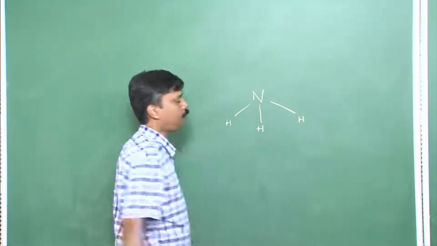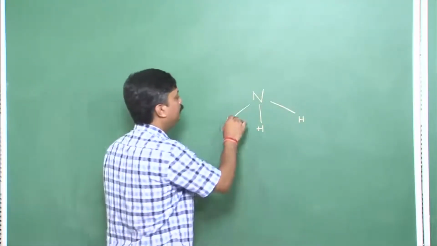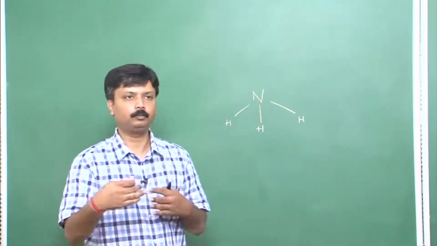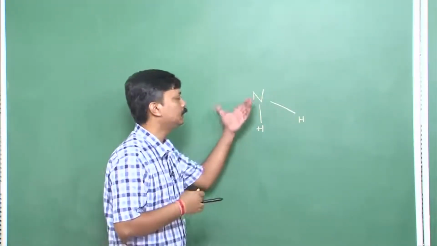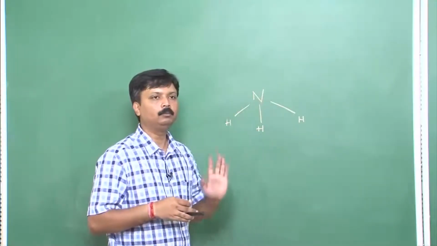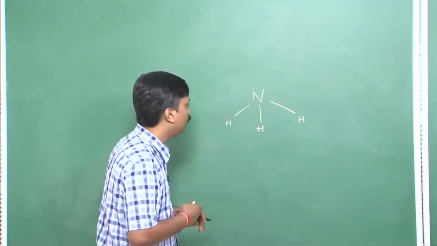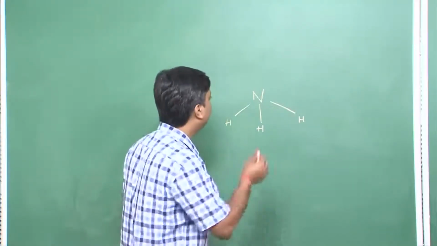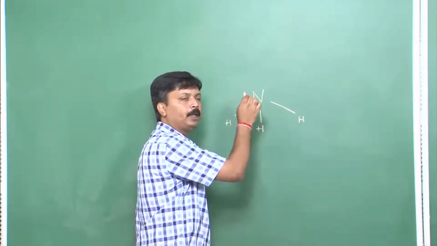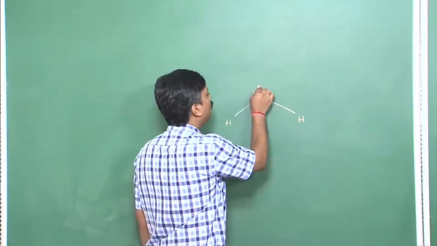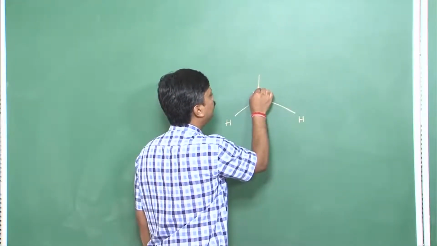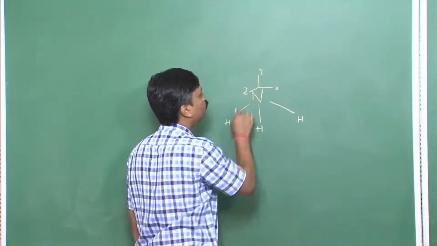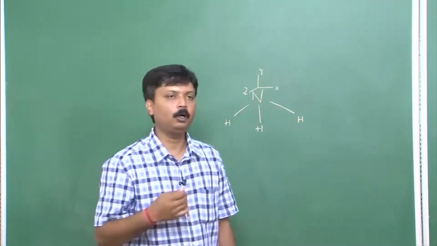Each of these bonds can execute certain motion, such that this doesn't lead to any translation or rotation. Now, each and every atom will have its coordinates, correct? So x, y and z, this is true for each and every atom in the molecule.